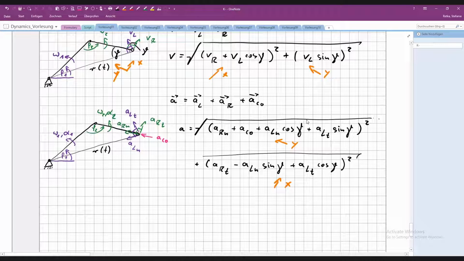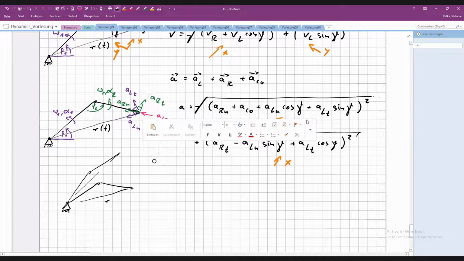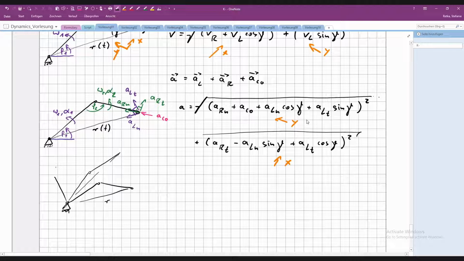It's at the beginning when we start to describe our object. It looks like this, and then this is the radius. And then later on, it might look like this, and this is our new radius. And then even later in time, it might be maybe here, and then this is the radius.